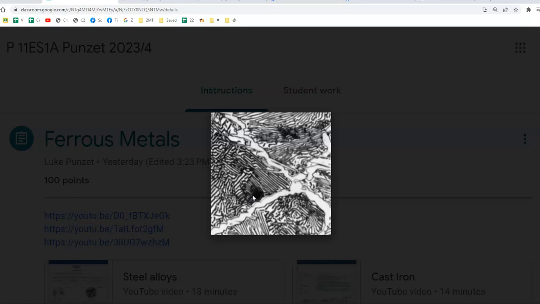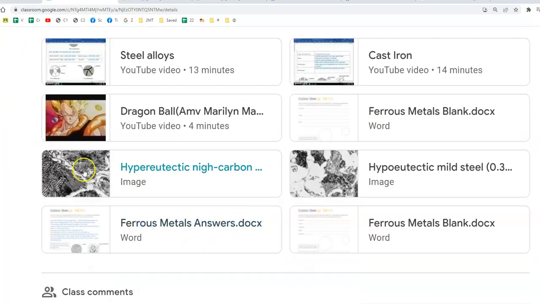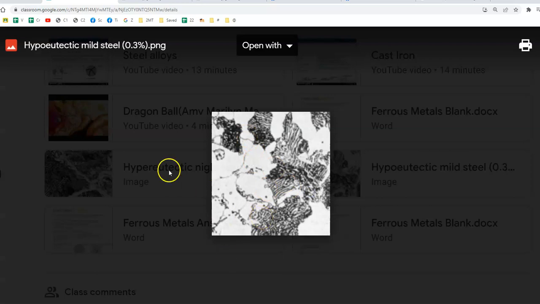So none of it is black, none of it is white. What we can see is grain boundaries. In the pearlite, we can see layers of ferrite and cementite, and in between here we can see big chunks of cementite, whereas here we have big chunks of ferrite. So we go back to our sheet.